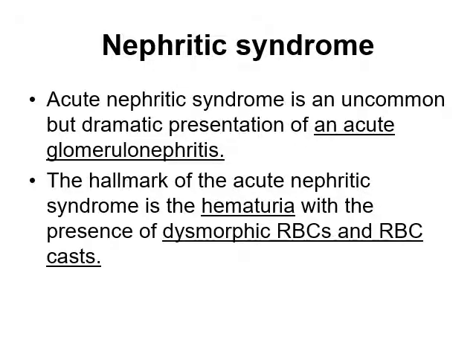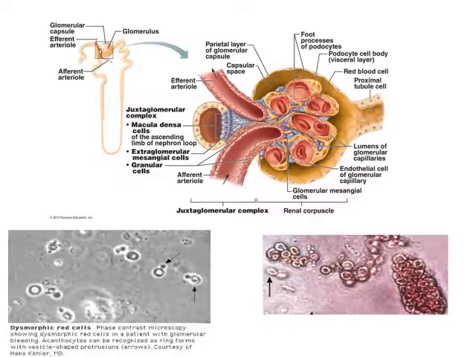Okay, what is the clinical presentation? 2H, hematuria and hypertension. The hematuria has pathognomonic features. They have dysmorphic RBCs and red blood cell casts. So let us understand this topic.